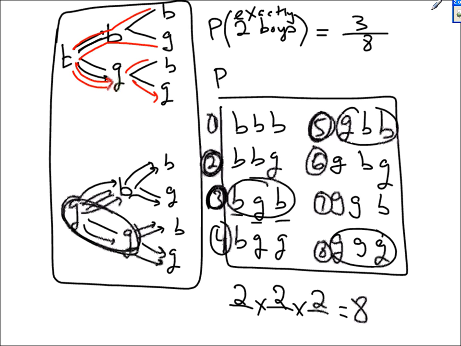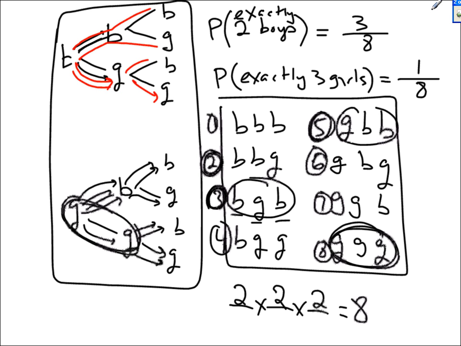Now, what's the probability that you have exactly 3 girls? Well, out of the 8 equally likely outcomes, only 1 time do you have 3 girls. So yes, the probability that you have 3 girls is less than the probability that you have 2 boys.